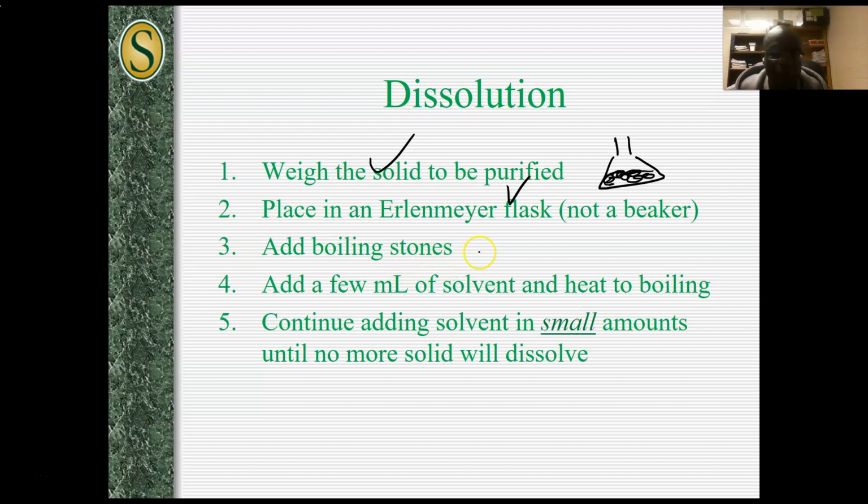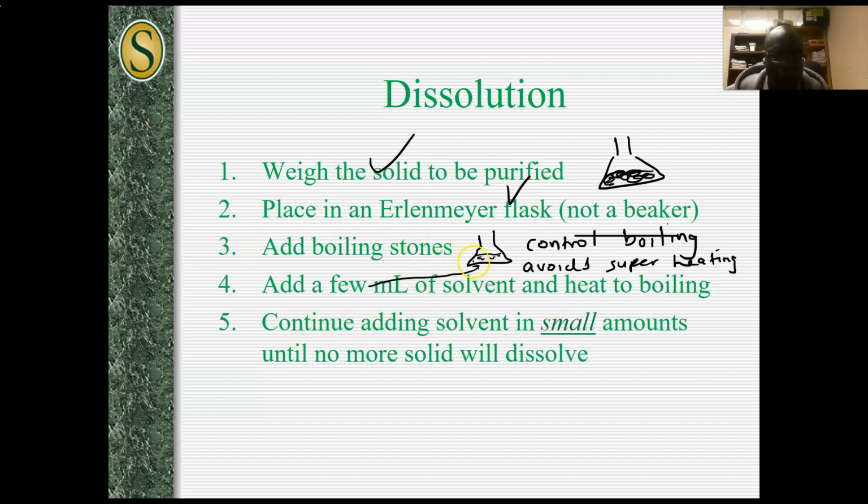You add boiling stones. Boiling stones help so that there will be no crazy boiling of your sample whenever you add the solvent. The boiling stones control boiling. It avoids superheating or super boiling.